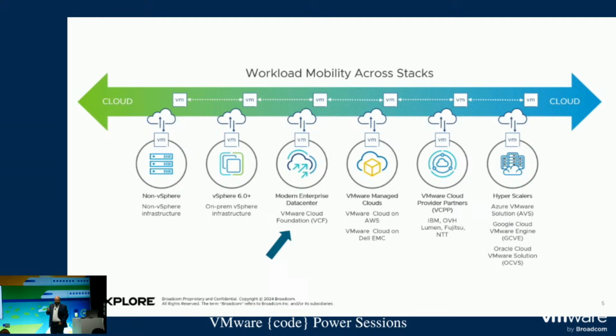You can migrate vSphere to vSphere. You can now migrate vSphere to VCF. So if you have a legacy traditional vSphere, not a VCF deployment, you can use it for that. You can use it to migrate to VMC on AWS, and also to any other providers, IBM, OVH.